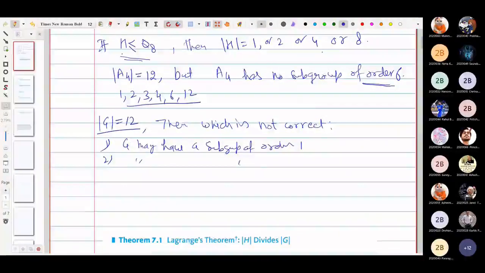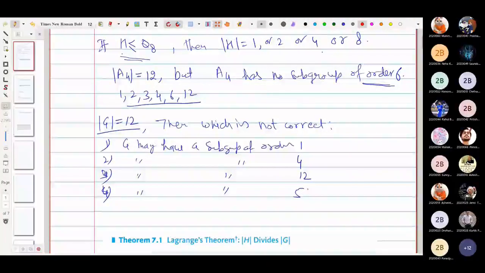Second, G may have a subgroup of order 4. Third, G may have a subgroup of order 12. And fourth, G may have a subgroup of order 5. At very first sight you will decline this one.